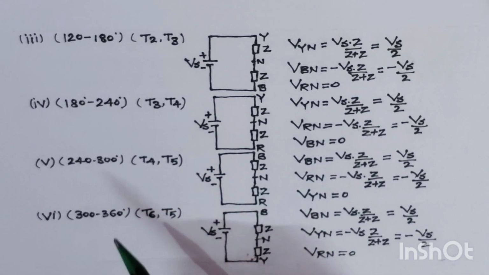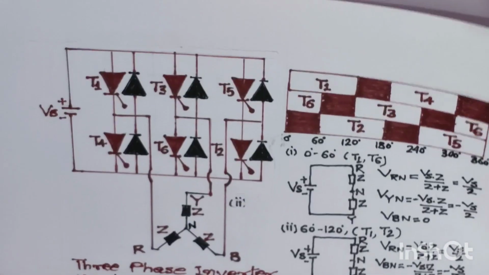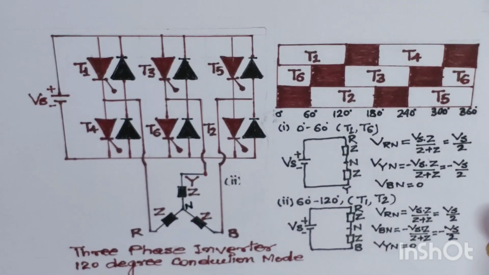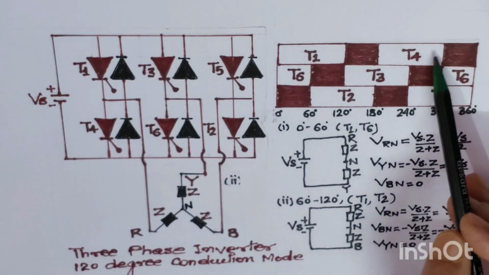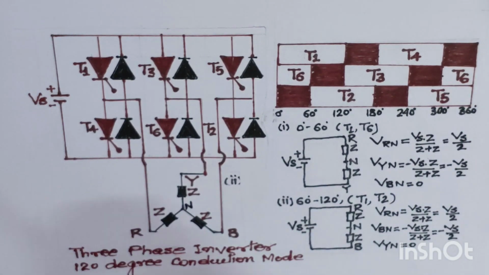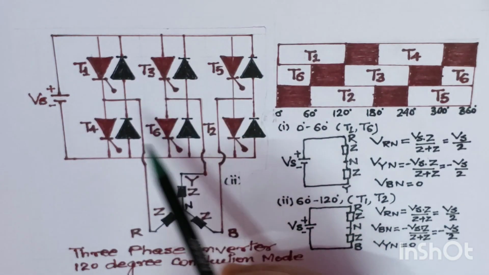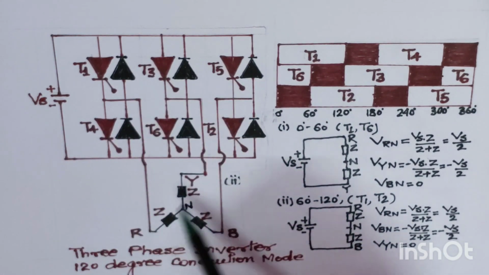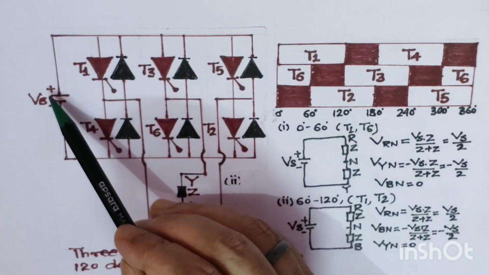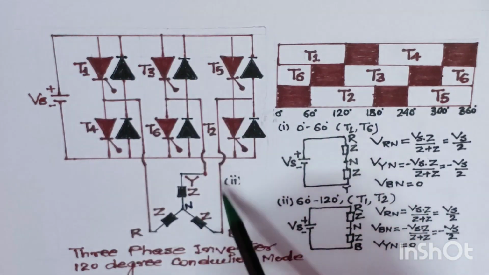That is the interval between 240 degree to 300 degree, where T4 and T5 are conducting. T4 is connected from the negative side with the R phase, and T5 is connected with the positive terminal of the battery with the B phase.